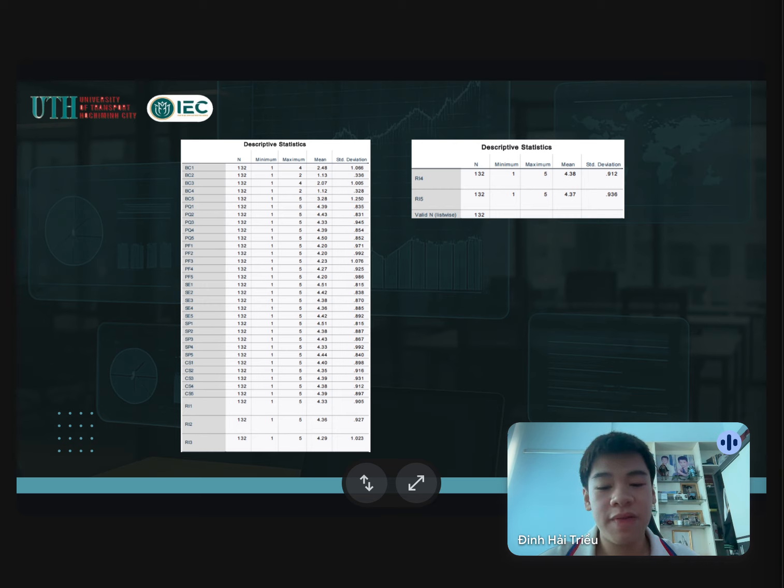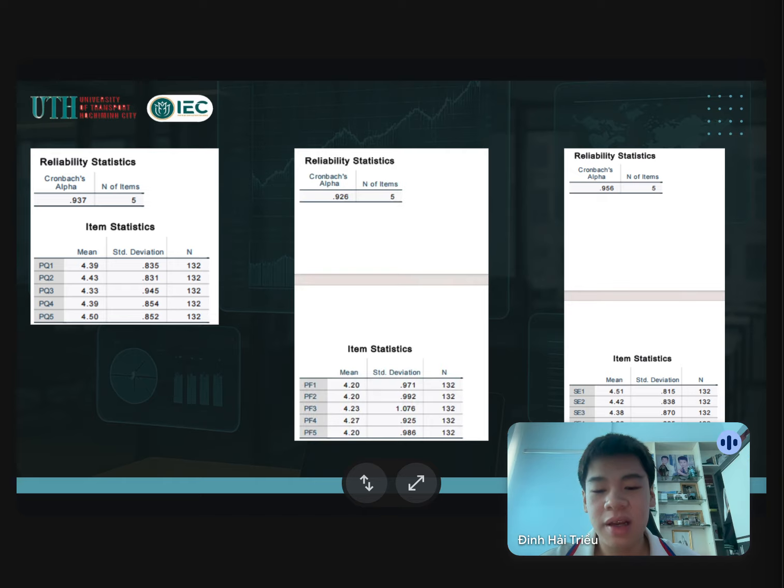Overall, the descriptive statistics show that the respondents have positive perceptions of all major research constructs, and the data appear stable enough for the following analysis.